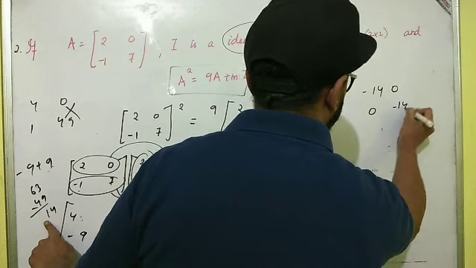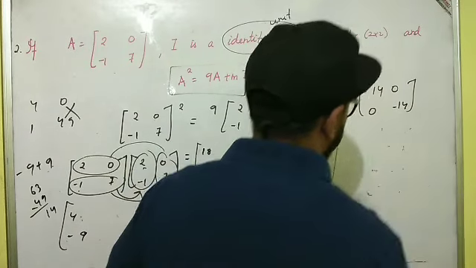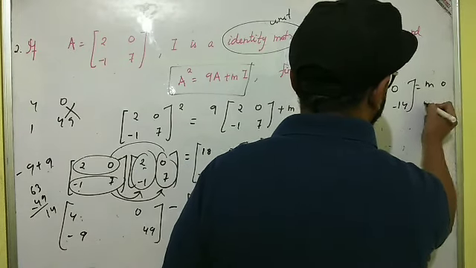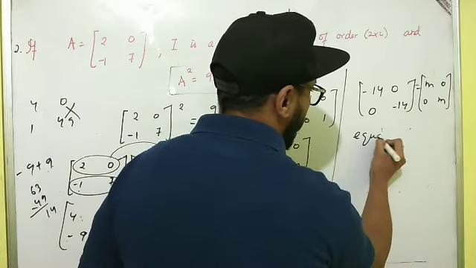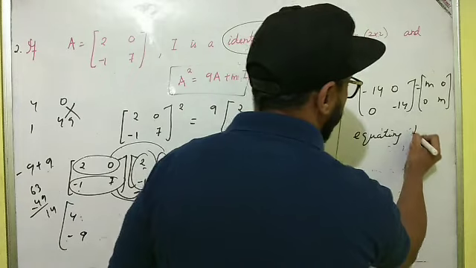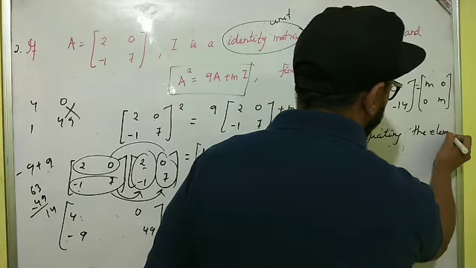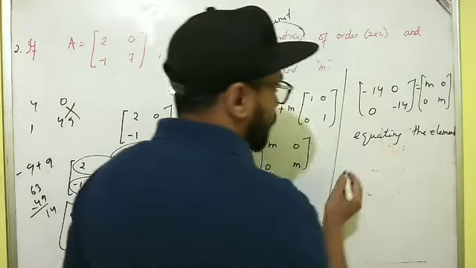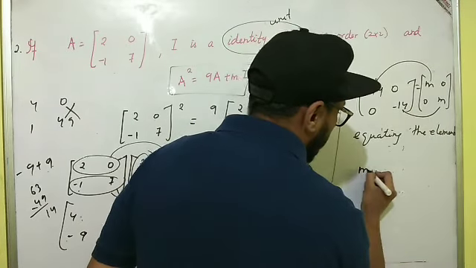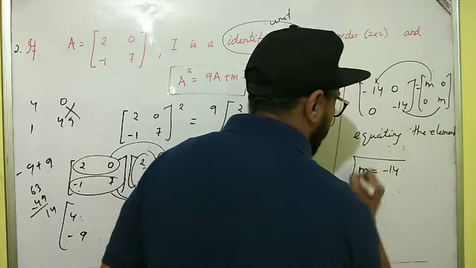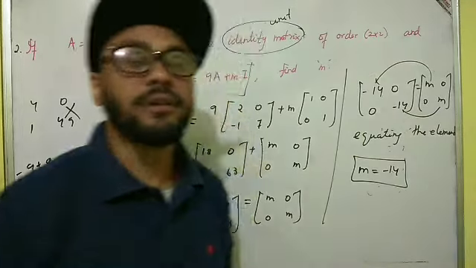So this is minus 14. This will be equal to m 0 0 m. Now equating the elements on both sides, we can conclude m is equal to minus 14. So this is the answer.